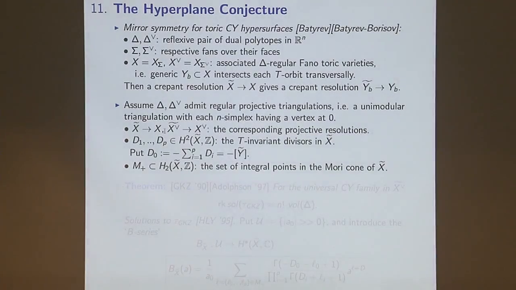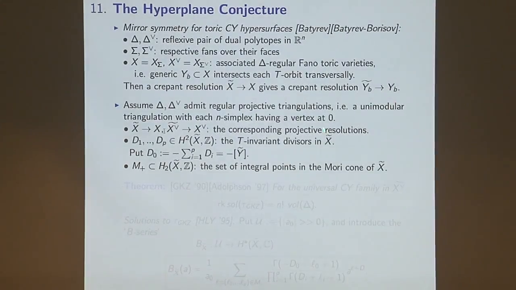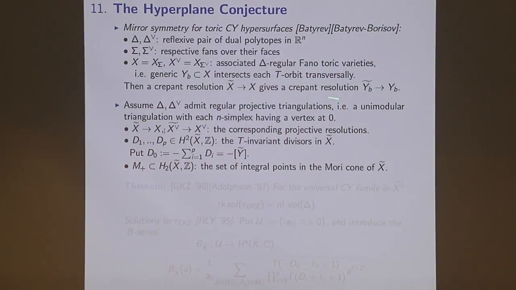Under this assumption, each of these toric varieties X and X check now admits a projective resolution. This would be what one calls a pair of mirror toric manifolds, and sitting inside this pair of manifolds are a pair of mirror Calabi-Yau manifolds. This was the insight of Batyrev and Borisov.